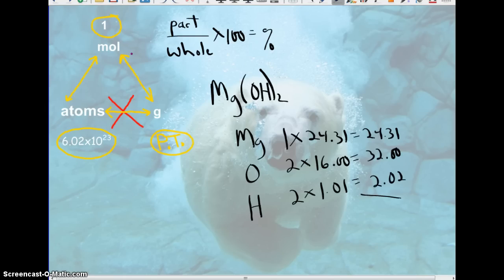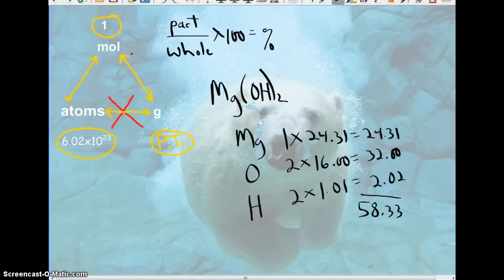And then add them up. Do it along with me. You may notice from before what we just found is the molar mass. Then you're going to put it into the equation where you have part over whole times 100 for each one. So these are the parts, and this is the same whole always.